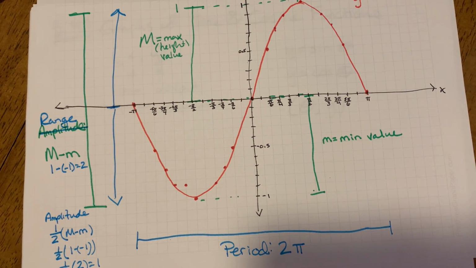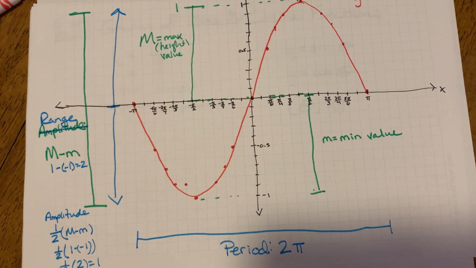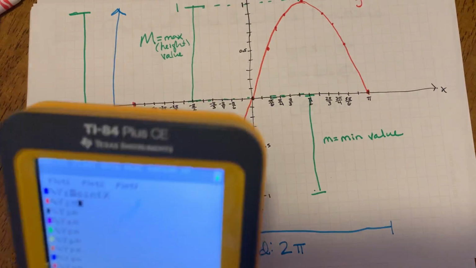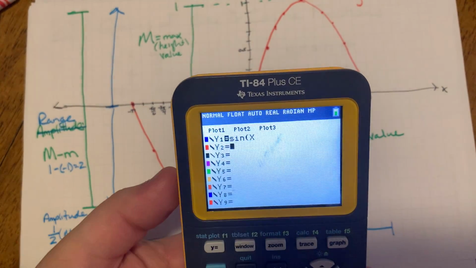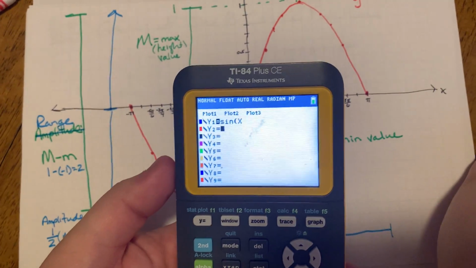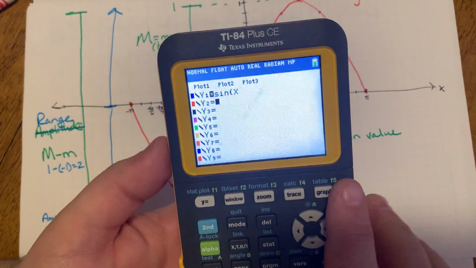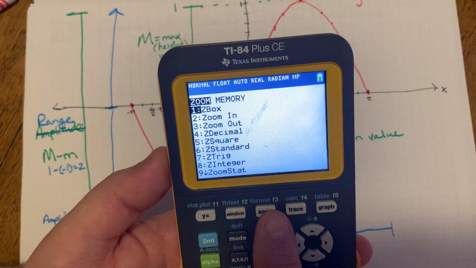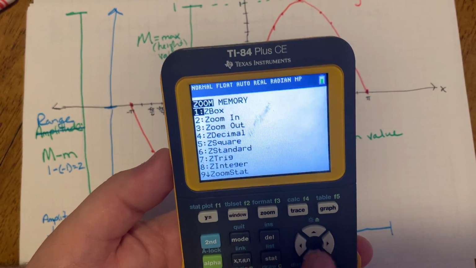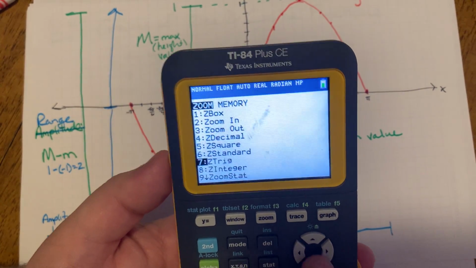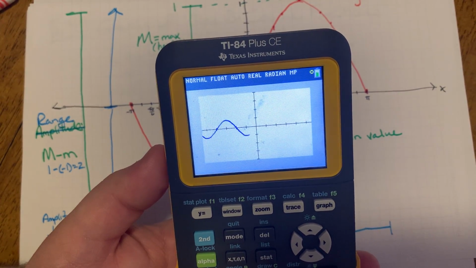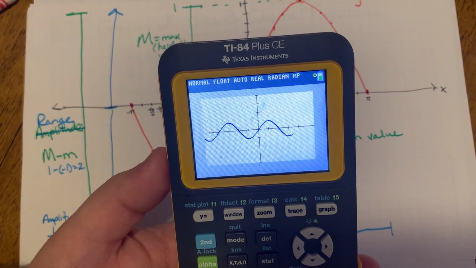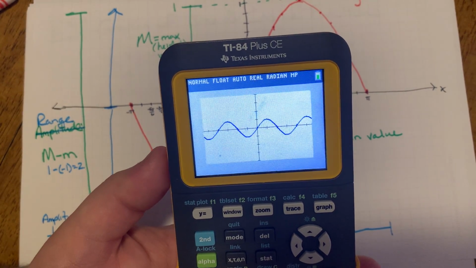Now let's go ahead and graph this on our graphing calculator. As long as you are in radian mode, which it'll tell you here at the top, we graph y equals sine of x. If you go to zoom, zoom 7 is called zoom trig, because we're looking at our trigonometric functions. It's going to give you a nice space that shows you your trig functions hitting at nice, neat points.